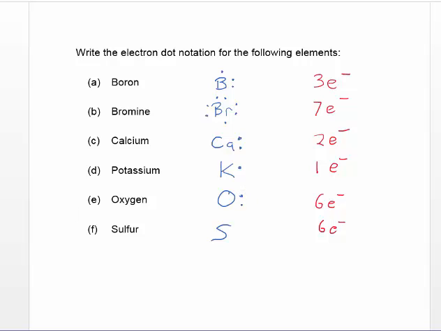Let's do their dots here. We do 2 for the S shell, and then we need 4 more. 1, 2, 3, and back up for 4. Sulfur will be exactly the same. 2 here, then 1, 2, 3, and 4. So that would give us the electron dot notation. We'll be able to use that in the next chapter to look at some of the chemical reactions.